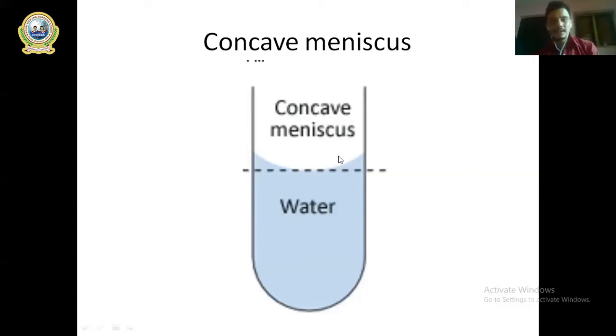Okay, so most of the liquids appear in concave meniscus. Center one is depressed and the side one is raised. This is called concave meniscus. Some liquids like water, alcohol, milk, kerosene, etc. form a concave surface in the cylinder.